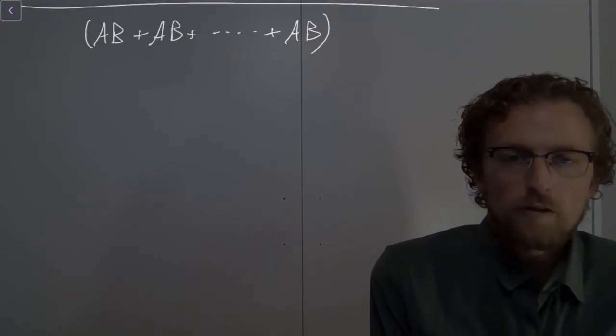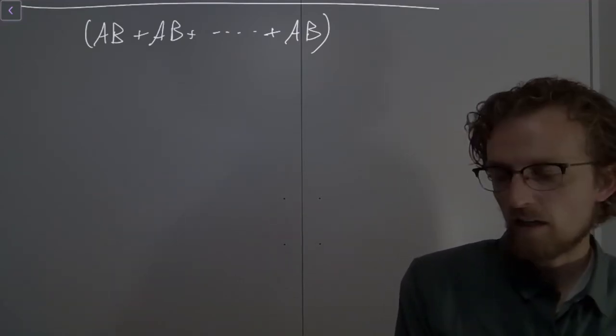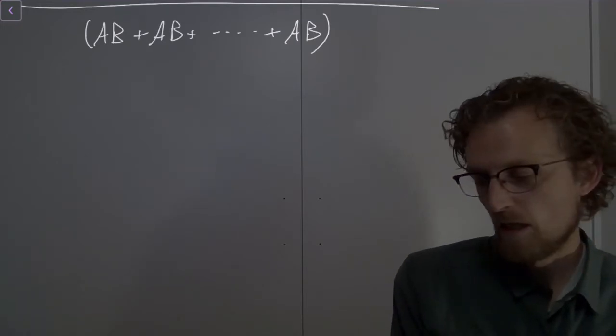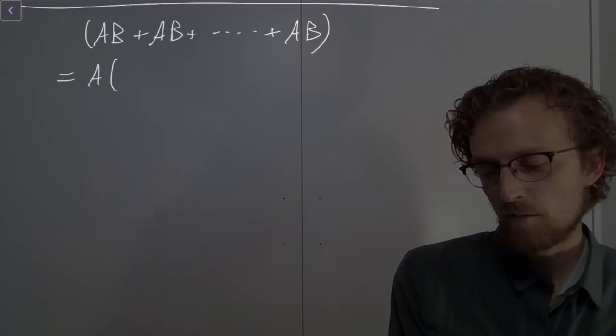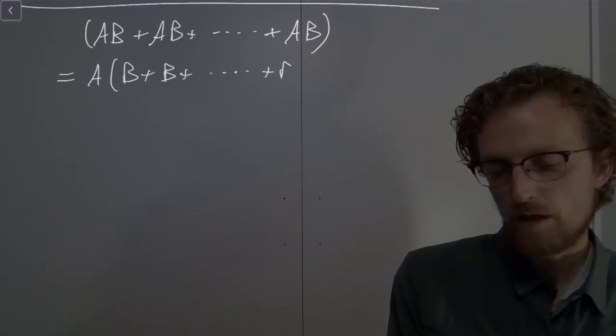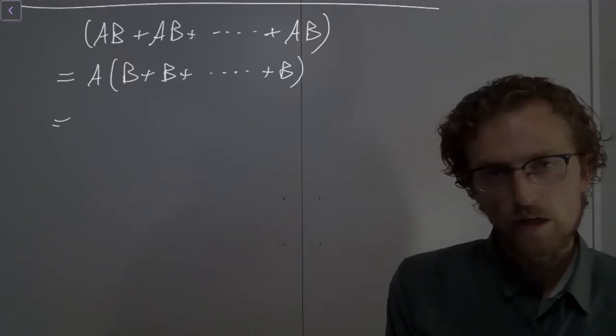I could factor out either of those numbers. If a and b are numbers, I can just take a and pull it out of the sum. So this is exactly equal to a times b plus b plus b, no problem.